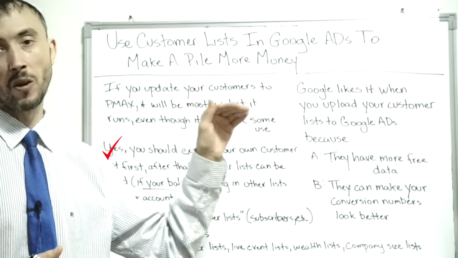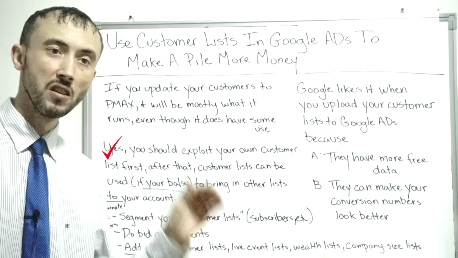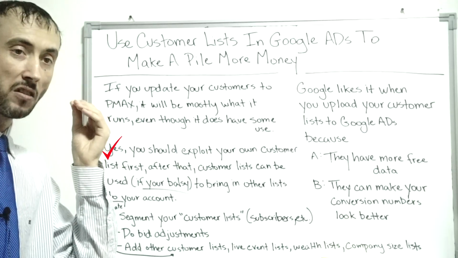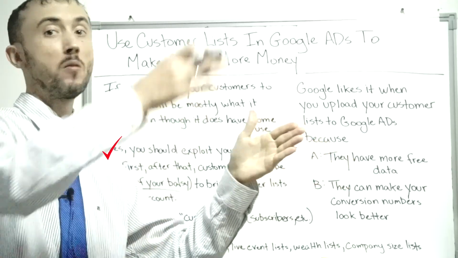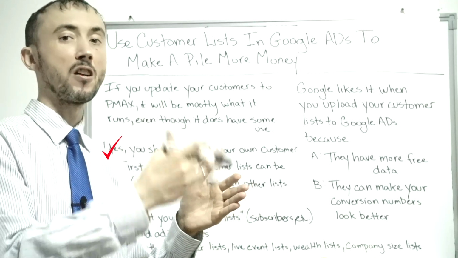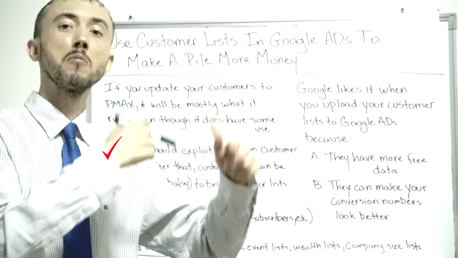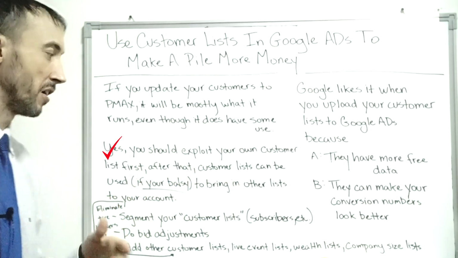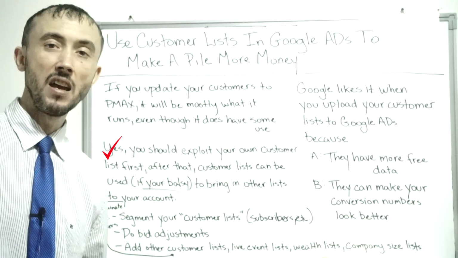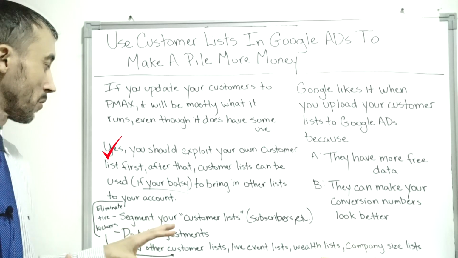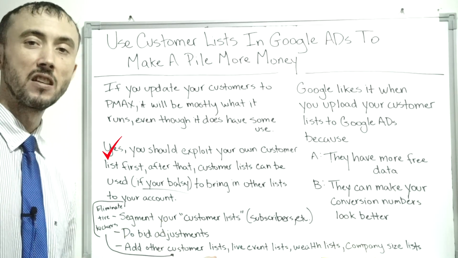So, for instance, if they type in your keywords and they're on that list, you can bid way more for them, knowing they're way more likely to convert, and so you get more out of that campaign like I was talking about earlier.